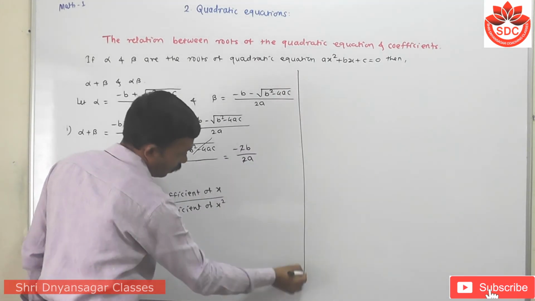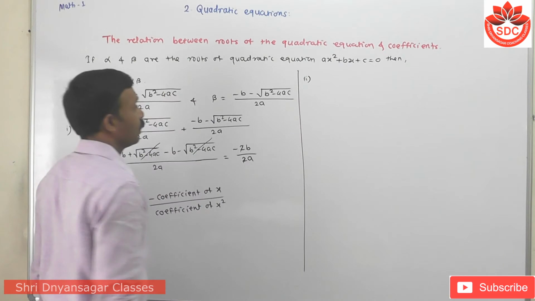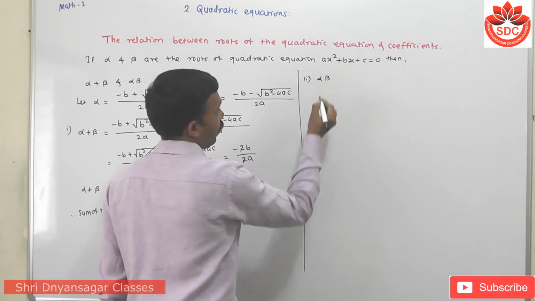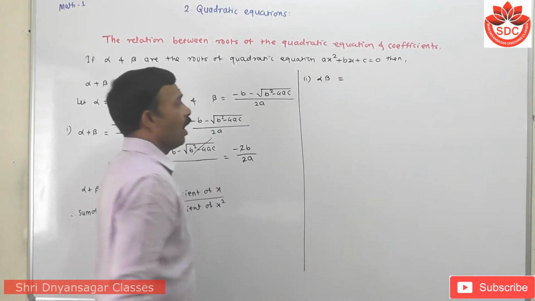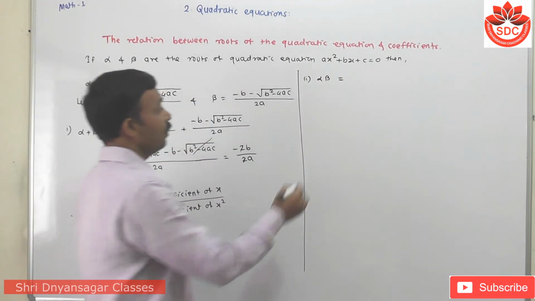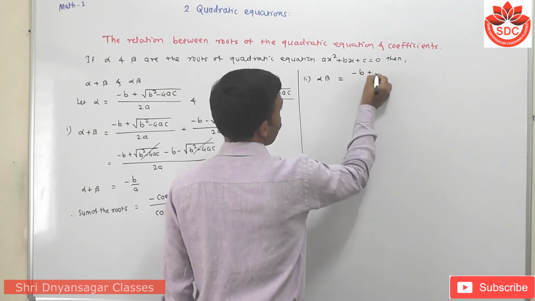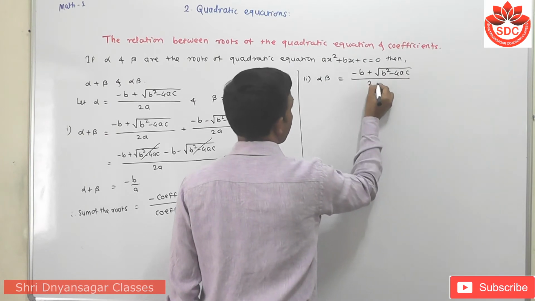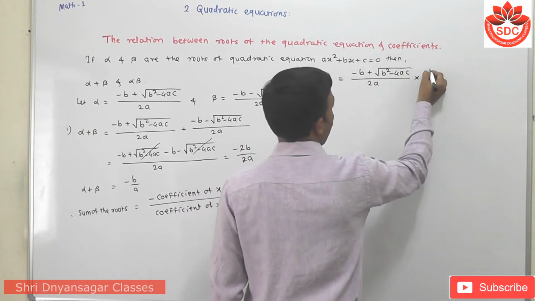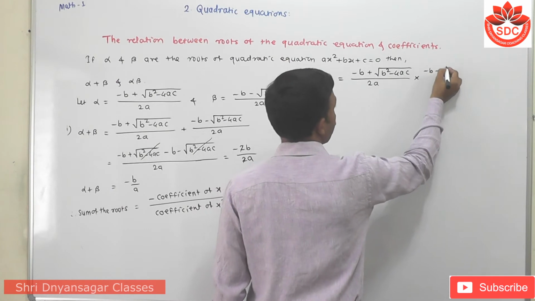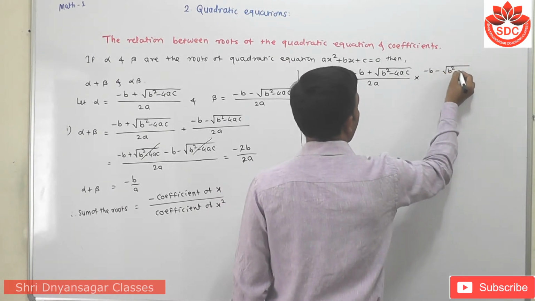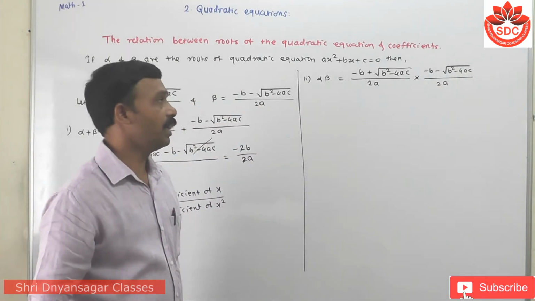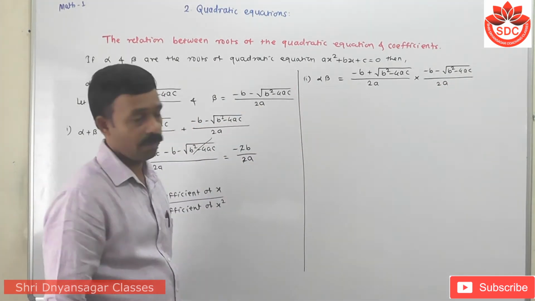Then the second one is to find the product of the roots, alpha into beta. Alpha is minus b plus the square root of b square minus 4ac upon twice a, into beta, which is minus b minus the square root of b square minus 4ac upon twice a. Students, we multiply numerator by numerator and denominator by denominator.